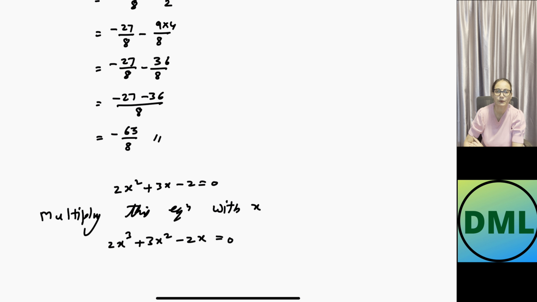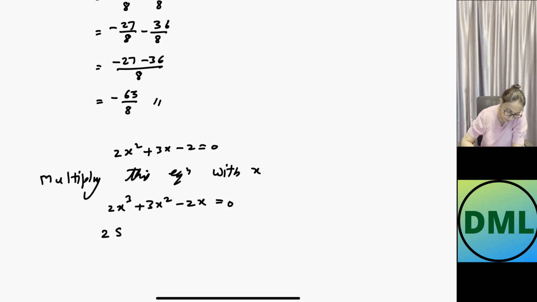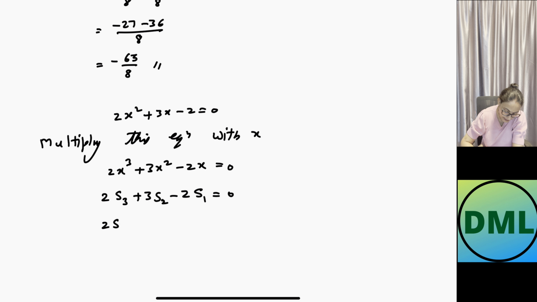Now replace this with S3, S2 and S1 here. We will write down 2S3 plus 3S2 minus of 2S1 is equal to 0. I need to solve this for S3. 2S3 is equal to 2S1 minus of 3S2. I move S2 and S1 to the other side of the equation.